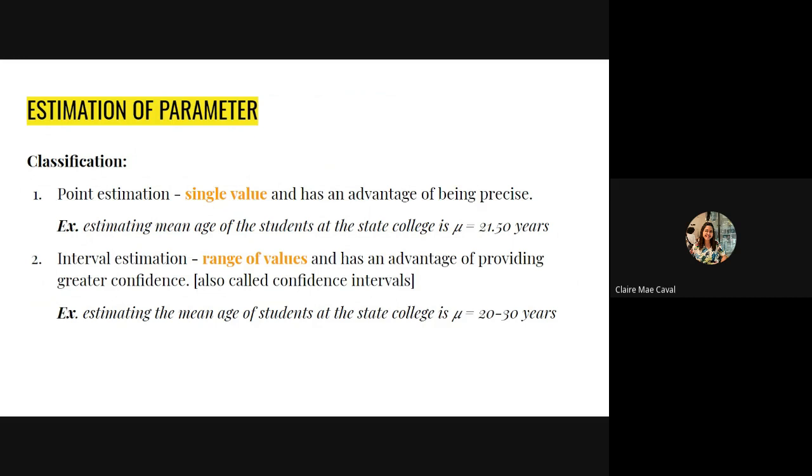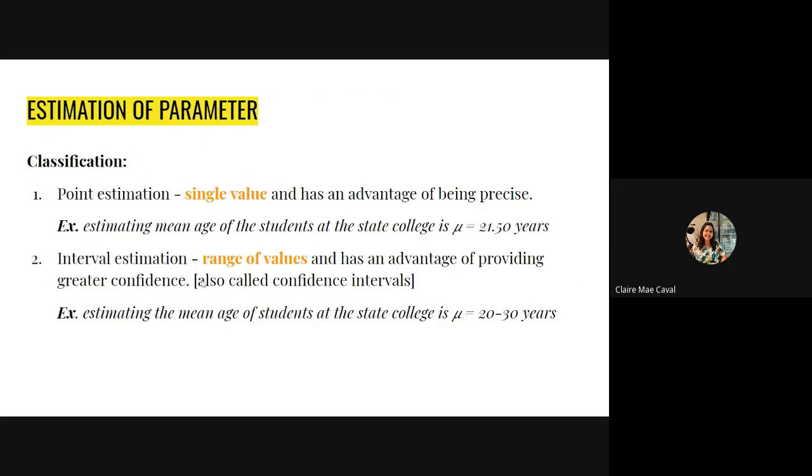An example of point estimation is estimating that the mean age of the students at the state college is mu equals 21.50 years. Mu there stands for your population mean. So this is point estimation, it is direct and exact. The average age of the students there is 21.50 years, and that is point estimation.